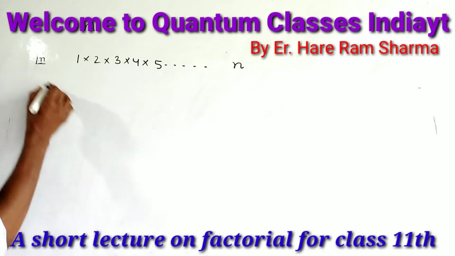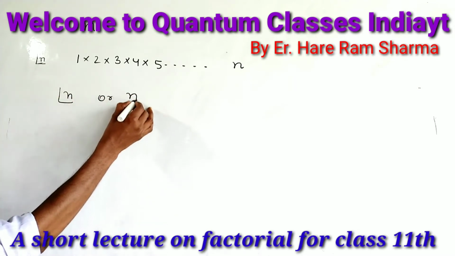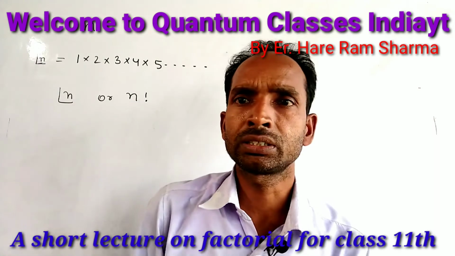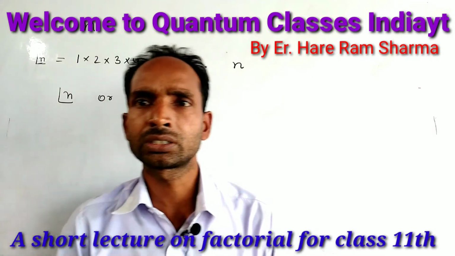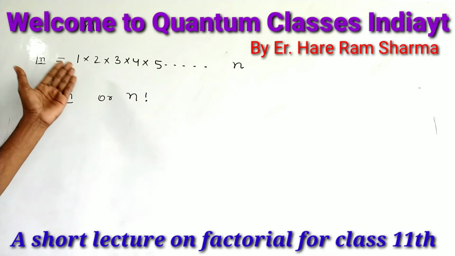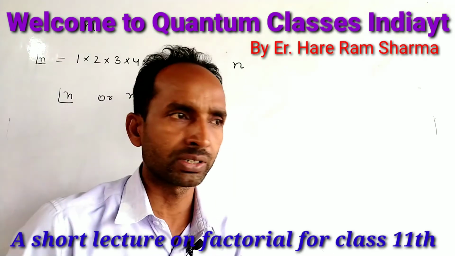This is the symbol, factorial n, or another symbol is n with an exclamation mark. So we can say that factorial is the continued product from 1 to n if factorial n is given.